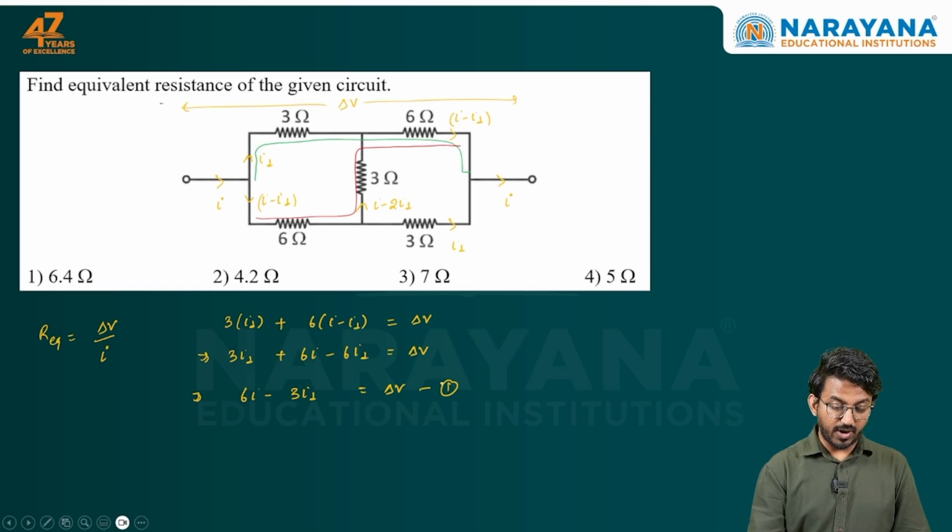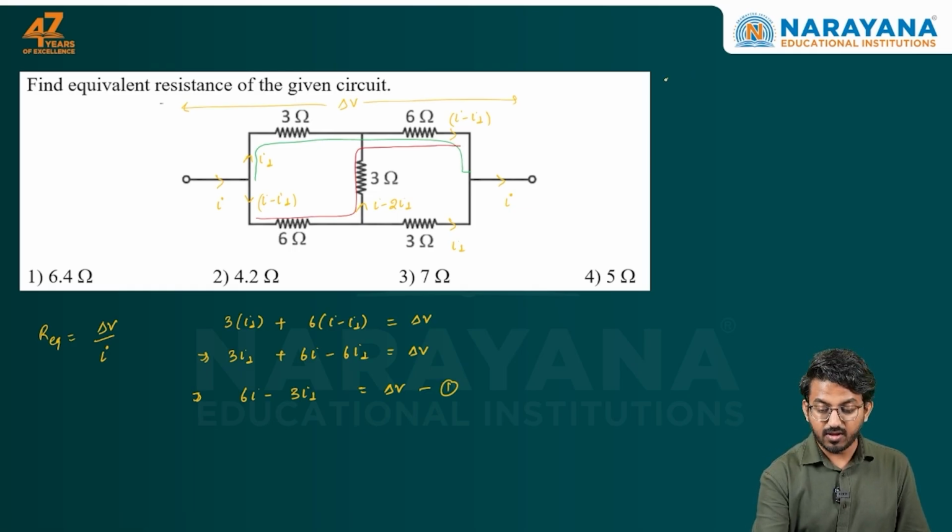So now we can write the equation for the remaining, the red path here, where I will have 6 times of I minus I1 plus 3 times of I minus 2I1 plus 6 times of I minus I1, and that is the entire delta V with us.